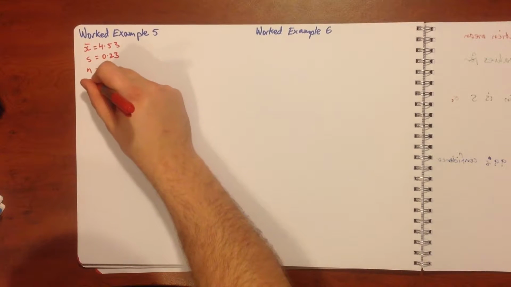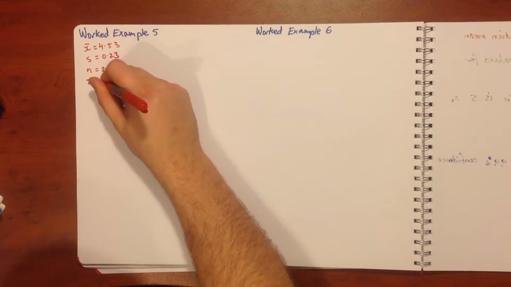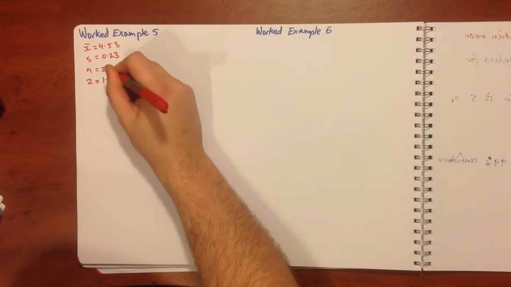Our 95% confidence interval gives us our z value of 1.96.